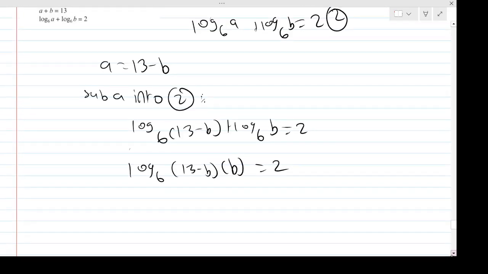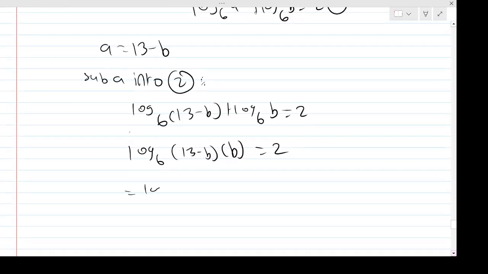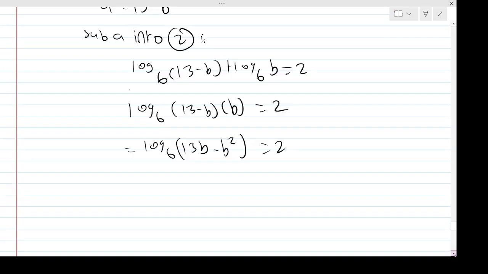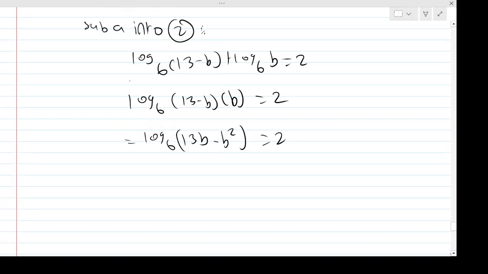Then I can expand the bracket, so log 6 of 13B take away B squared equals 2. Now that's just solving this equation, so I can convert this 2 into a log, keeping the base the same. 2 is log 6 of 6 squared, which is 36.